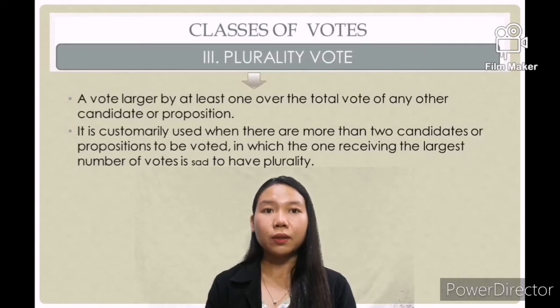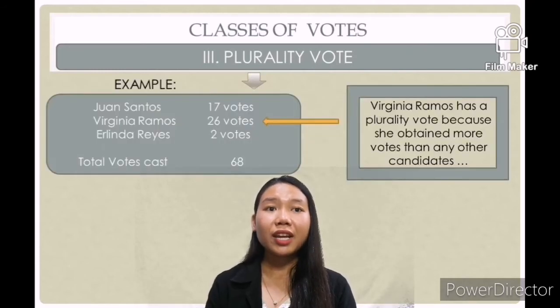Let's look at this example. There are 3 candidates running for mayor, in which Juan Santos acquired 17 votes, Virginia Ramos acquired 26 votes, Erlinda Reyes acquired 25 votes, and the total votes cast is 68. Therefore, Virginia Ramos has a plurality vote because she obtained more votes than any other candidates.